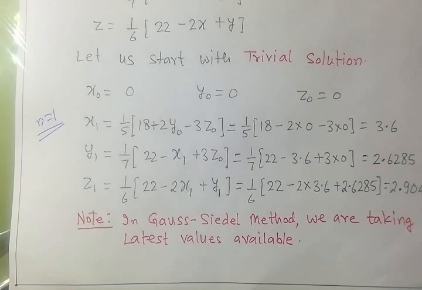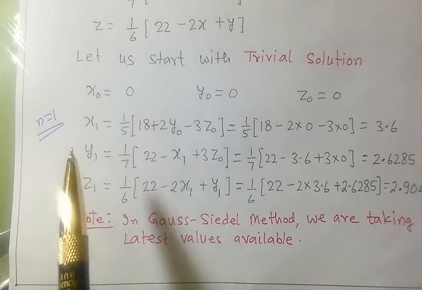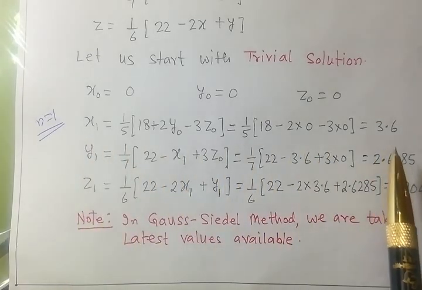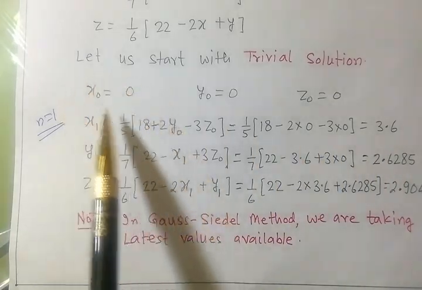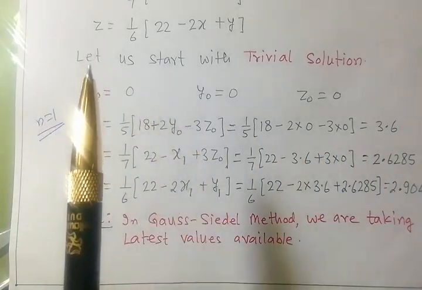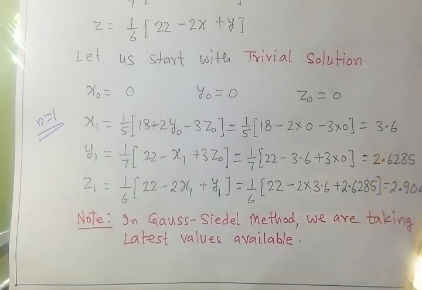So these values are fixed for the complete iteration n is equal to 1. But in the case of Gauss Seidel, we are taking the latest values. Suppose x1 is now calculated. Now we know x1 is 3.6. Once x1 is available, we will not consider x0. x0 is the old value. x1 is the new or the latest value. So the latest value will be considered.